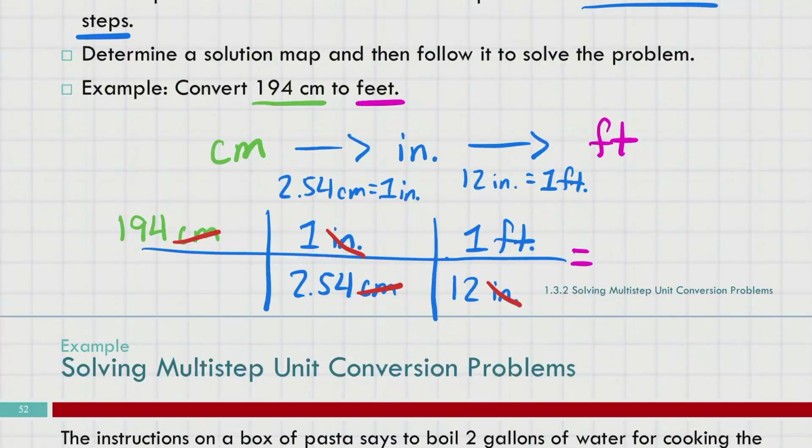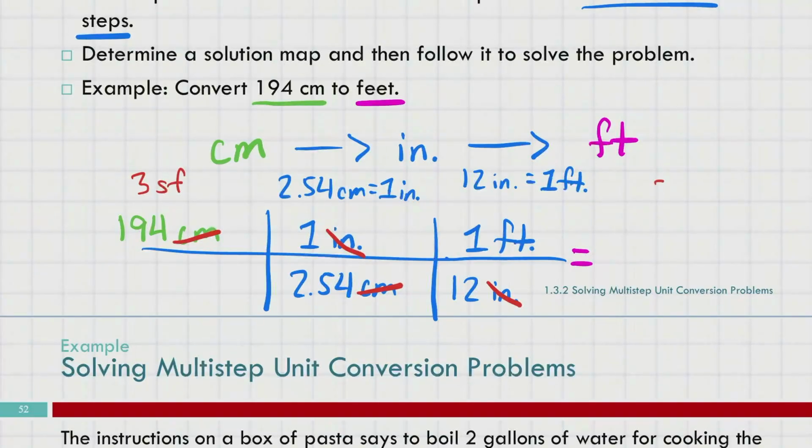Okay, so then what we're putting into our calculator, everything that's on the top gets multiplied. Anytime you multiply by 1, it's the same thing, so I just ignore those when I put them in. So 194, and then we're going to divide by 2.54, and we're also going to divide by 12. These are both exact conversion factors, so how many significant figures does 194 have? 3 significant figures.